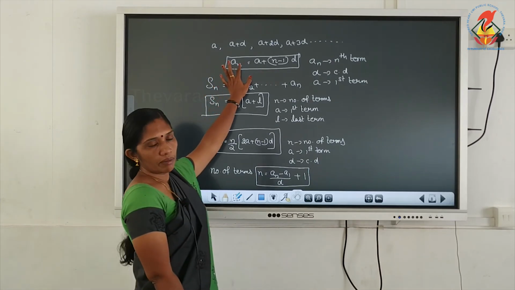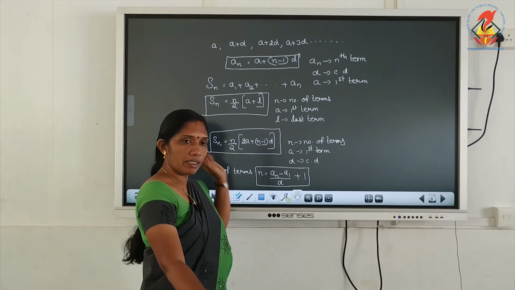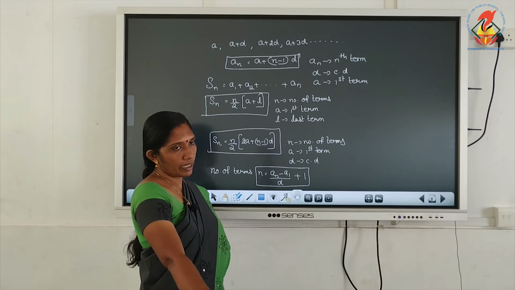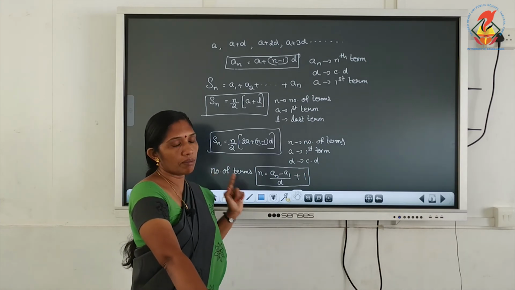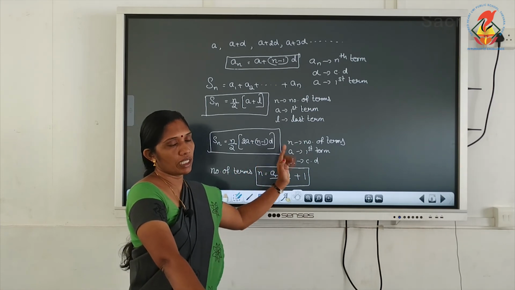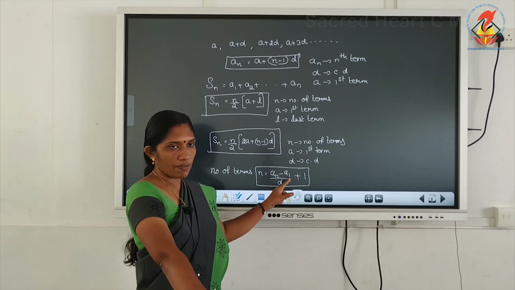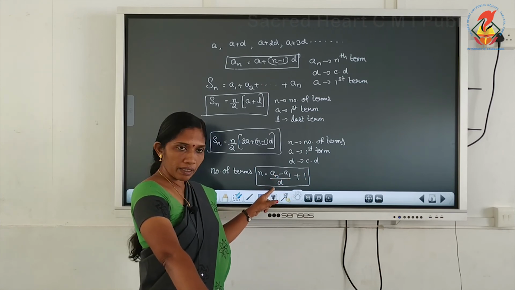So, nth term is A plus n minus 1 into D. Then sum to first n terms of an AP is n by 2 into first term plus last term, or n by 2 into 2A plus n minus 1 into D, and number of terms n is equal to nth term minus first term by D plus 1.